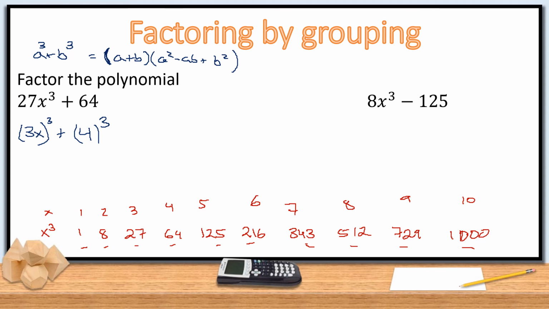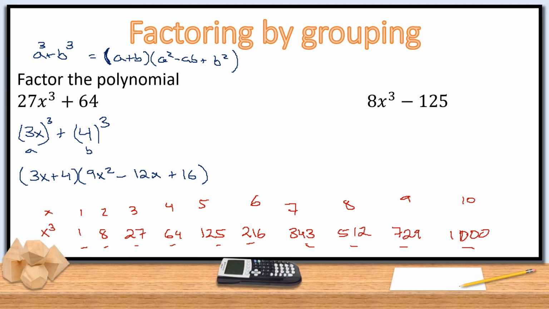So that means 3x is my a value, 4 is my b value. So factored form would be 3x plus 4 times a squared, so 3x squared would be 9x squared, minus 4 times 3x, so that's 12x, and then plus b squared, which is 16. So yeah, that's my factored form.